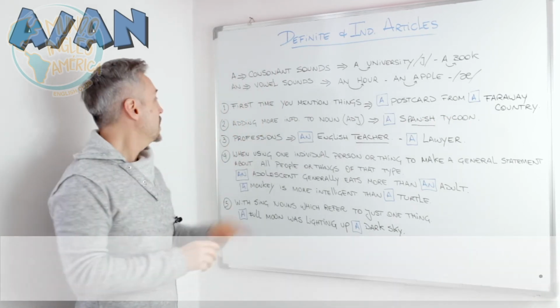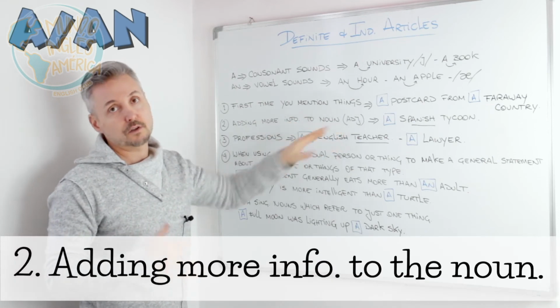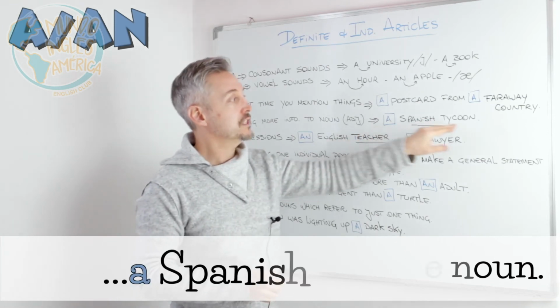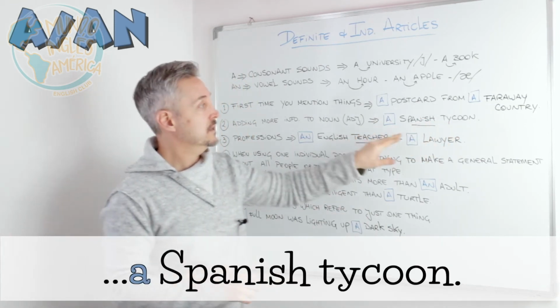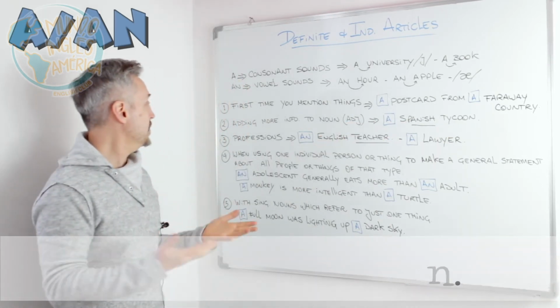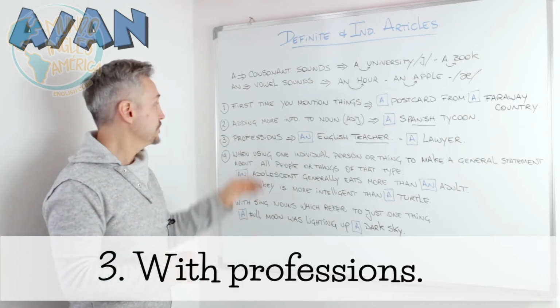So the second rule, adding more information to the noun, for example, with an adjective. A Spanish tycoon. So Spanish would be the adjective, tycoon would be the noun. A Spanish tycoon.